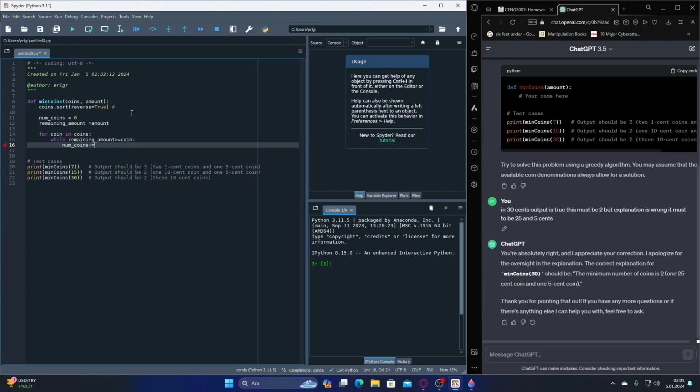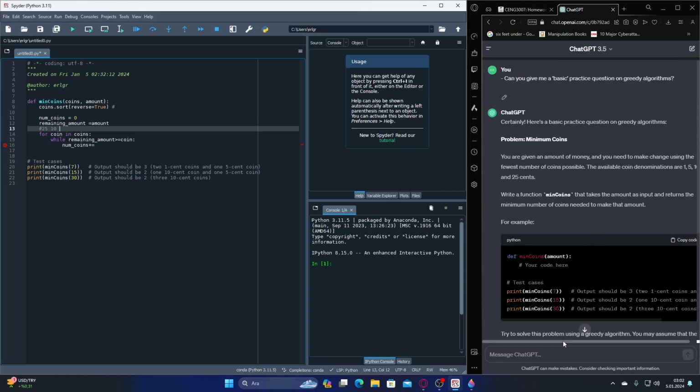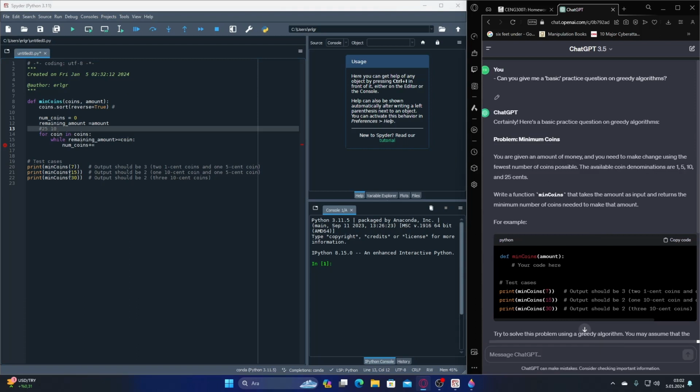To explain this part, I'm going through the coins, and let me write the coins in here: 25, 10, 5 and 1. We reverse it in here, and it looks like this.